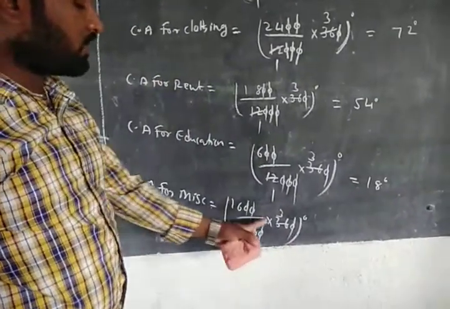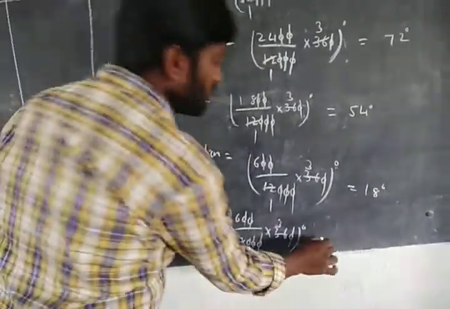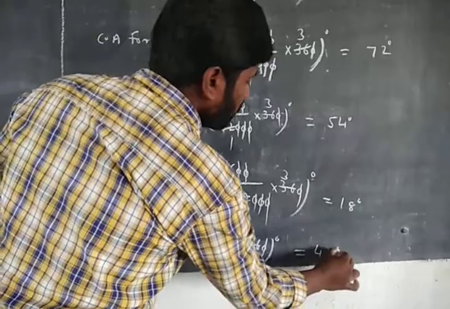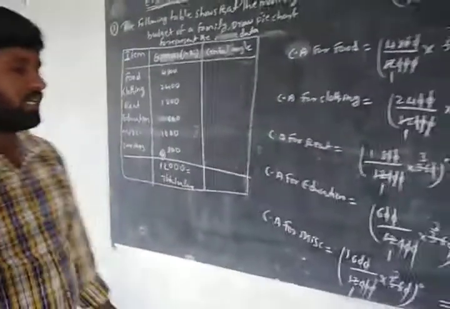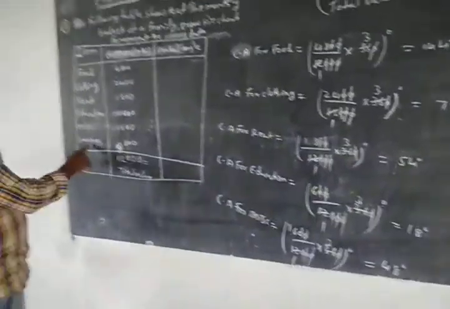Means 16 into 3: 16 threes are 48 degrees.